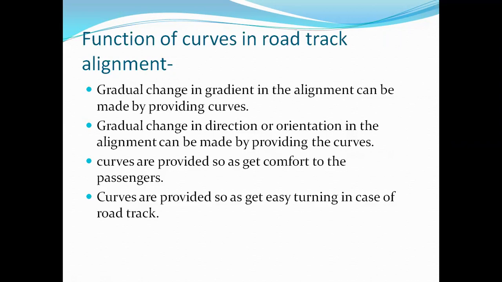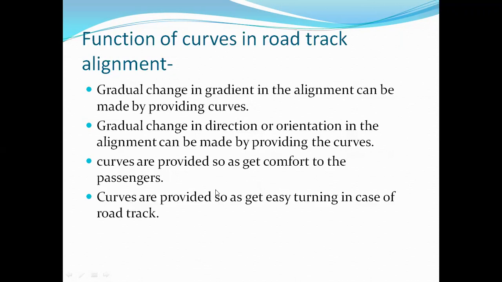Then the second function is that gradual change in direction and orientation in the alignment can be made by providing the curves. That is, gradual change in the direction or orientation of the alignment of road can be made by providing curves. Then third function is that curves are provided so as to get comfort for the passenger.